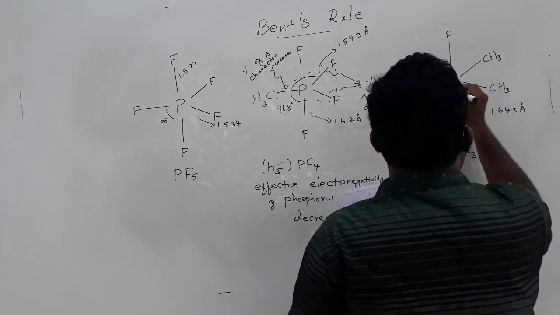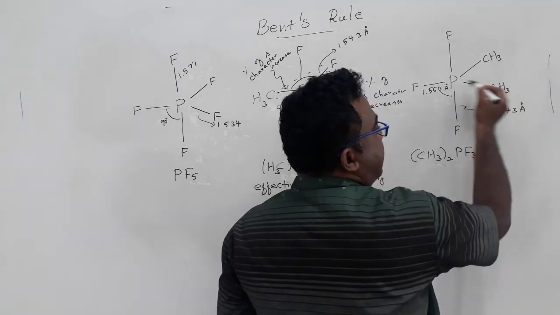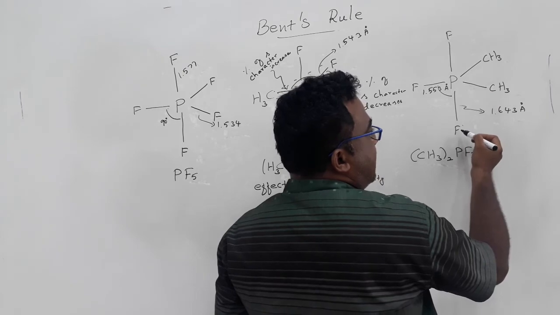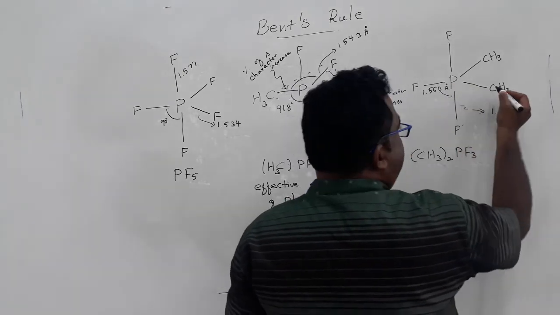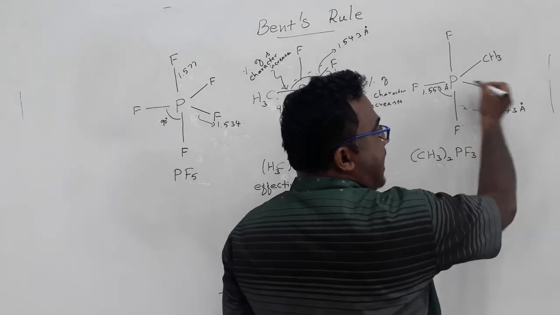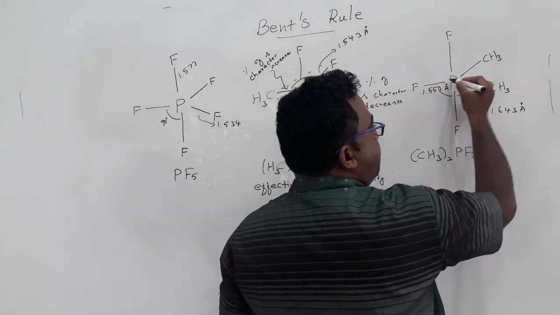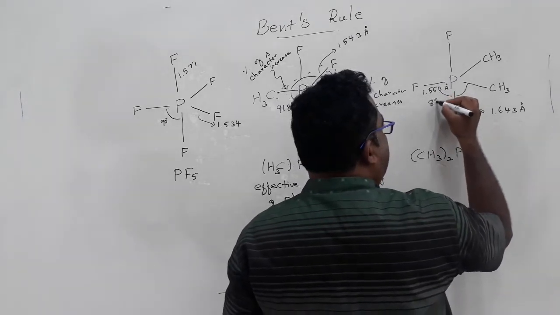Here I have the bond angle of this one. Of course, this bond angle should be decreased. If the methyl phosphorus fluorine bond angle is increased, this should be decreased. The FPF angle should be decreased, and the bond angle is 88.9.